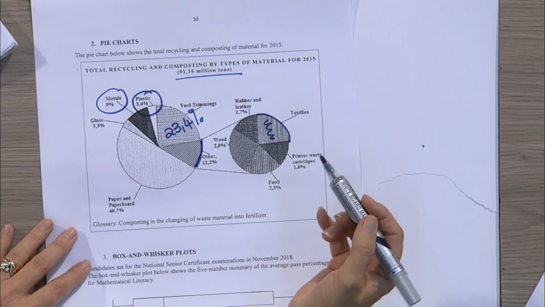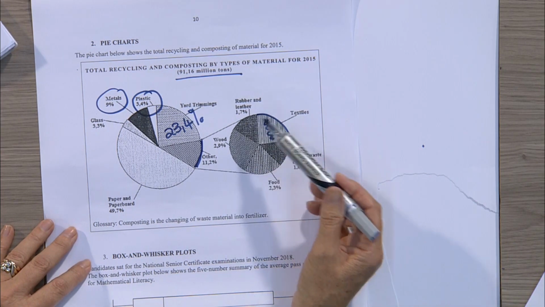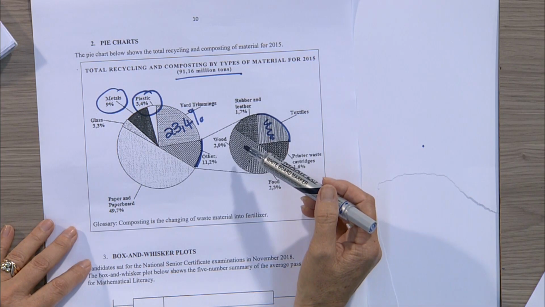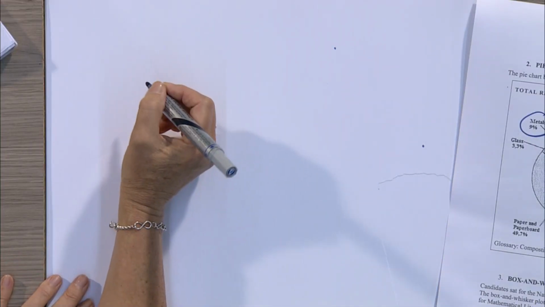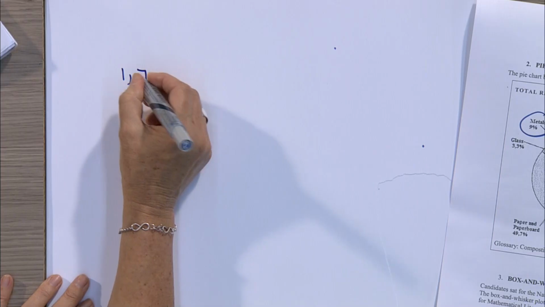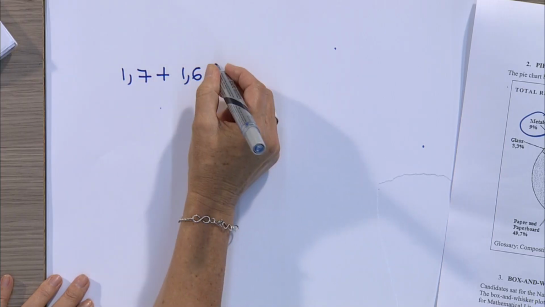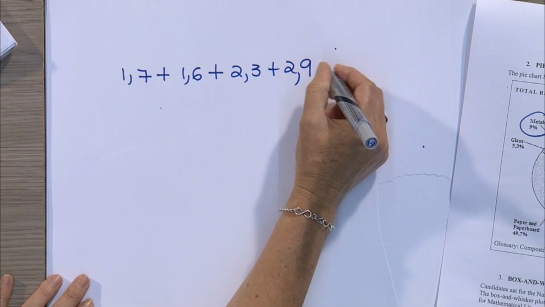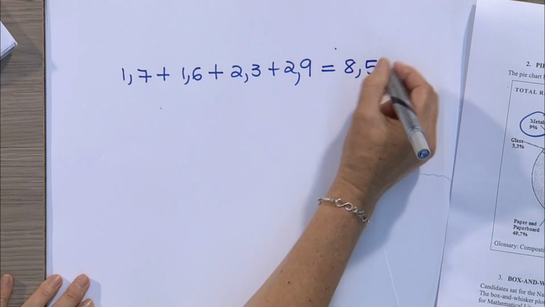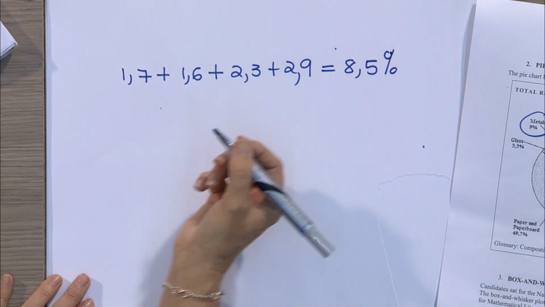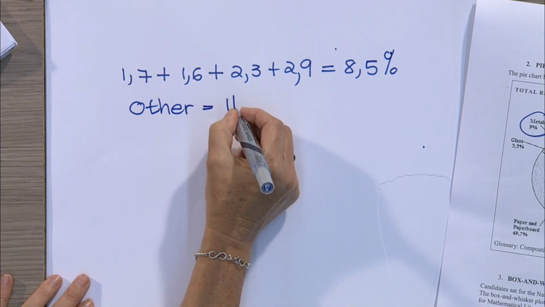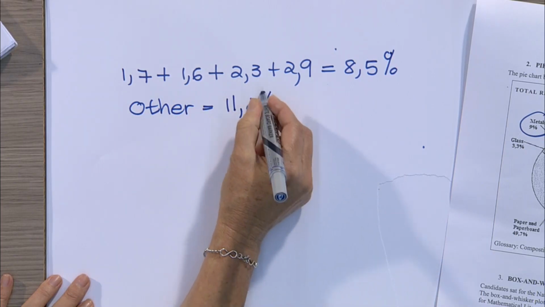All right? So we have 1.7, we have 1.6, we have 2.3, we have 2.9. So I just want to quickly show you the other category. So it's 1.7 plus 1.6 plus 2.3 plus 2.9. That adds up to 8.5%. So the other category is 11.2%.